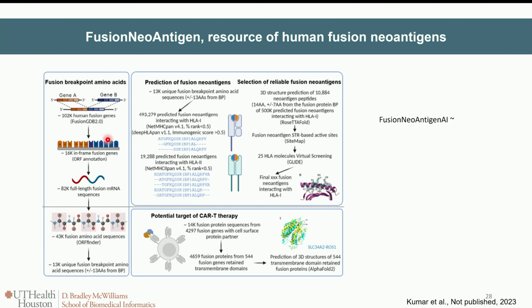After degradation, there will be some short peptides at the breakpoints. If it is presented in the cell, then the immune system will attack those cells. We predicted all of them, and found about 20,000 unique breakpoint areas. So we hope to make another version of an AI approach.